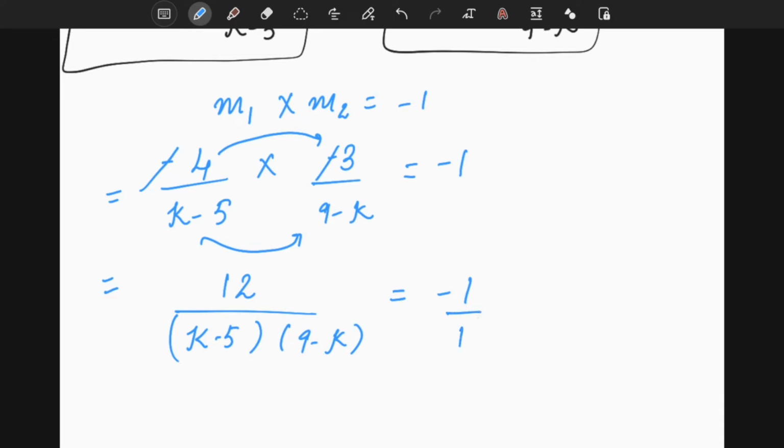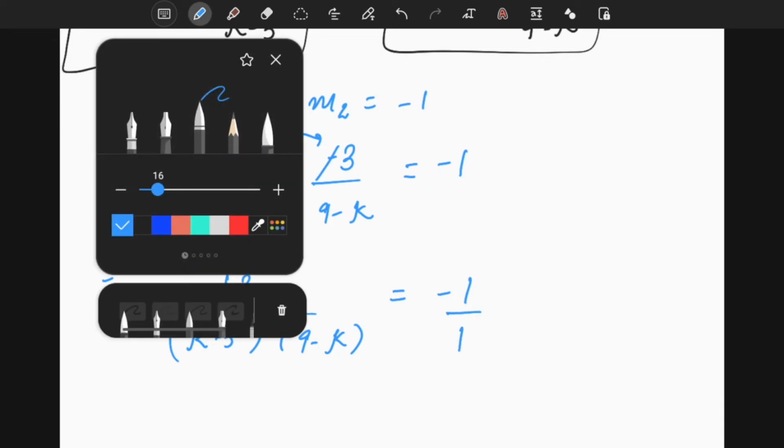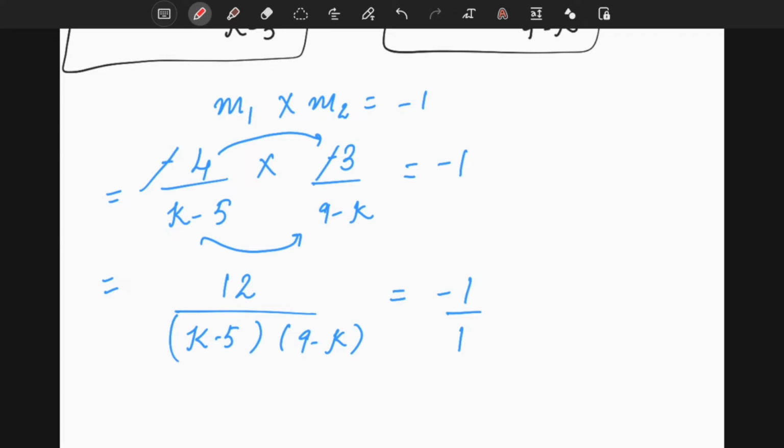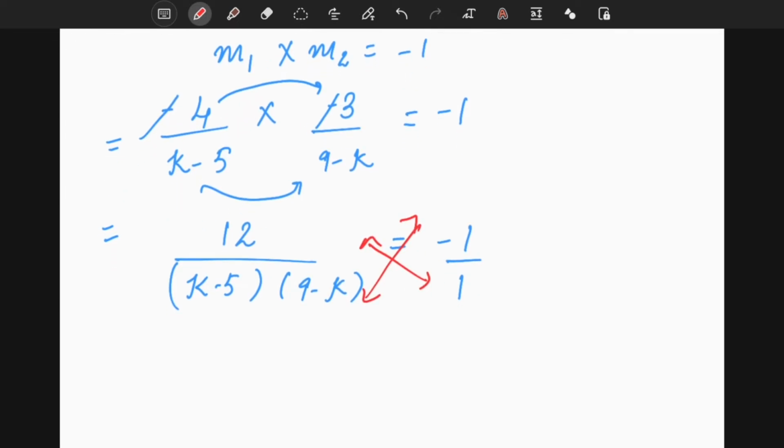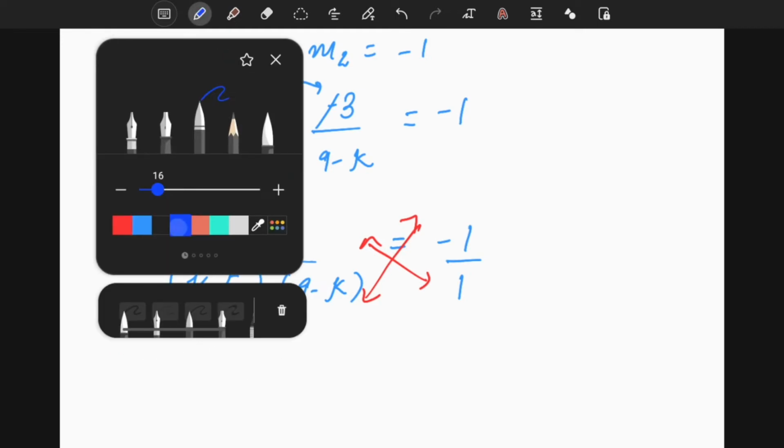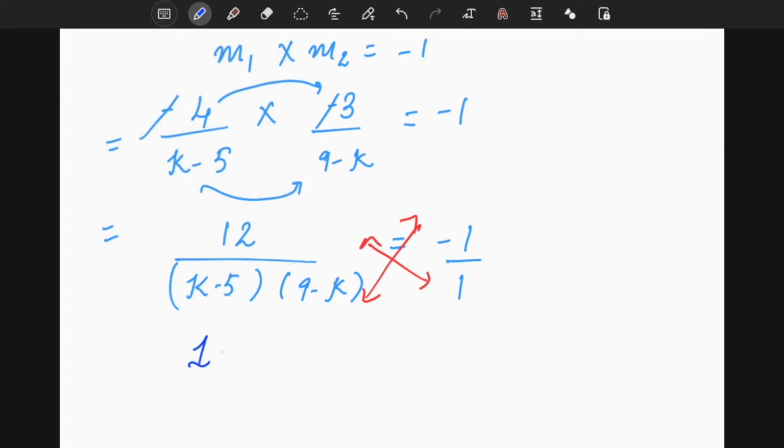Now what we'll do? We'll cross multiply like this. 12 into 1 is 12, equal to minus 1 times (k minus 5)(9 minus k).